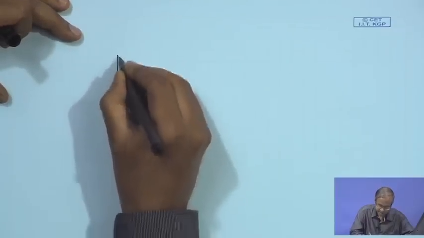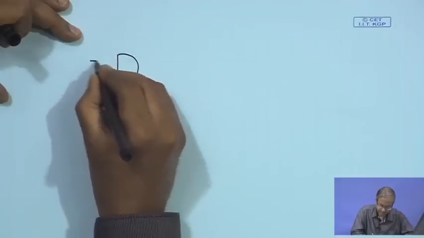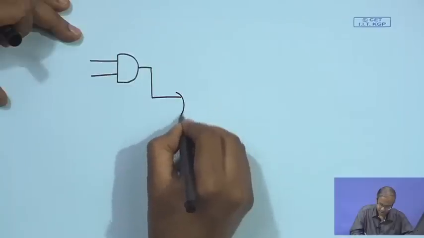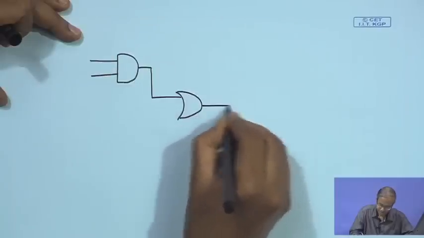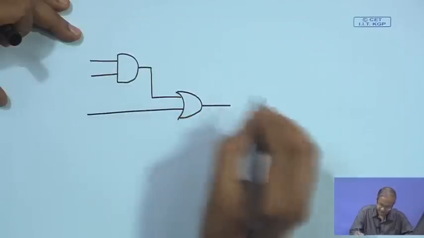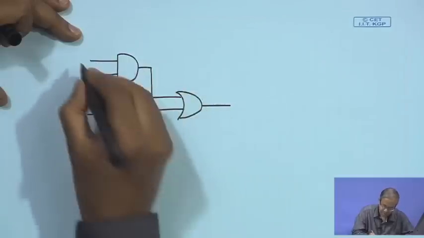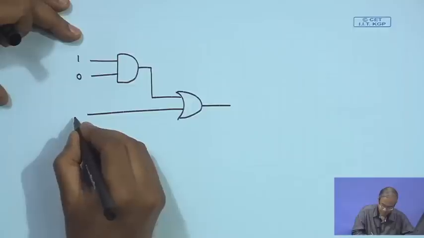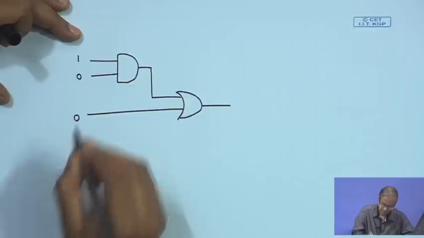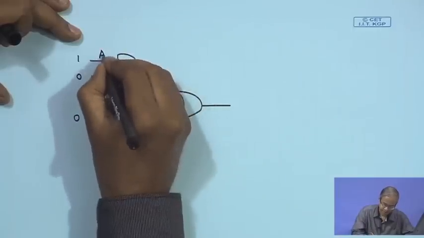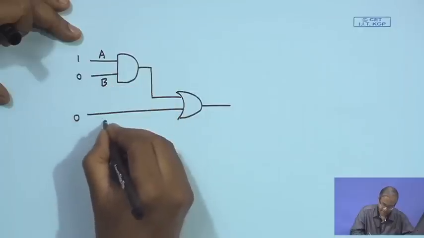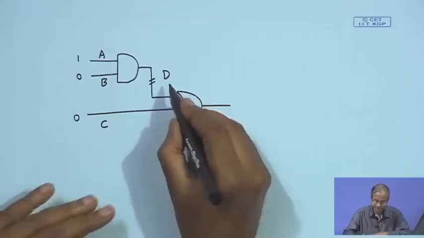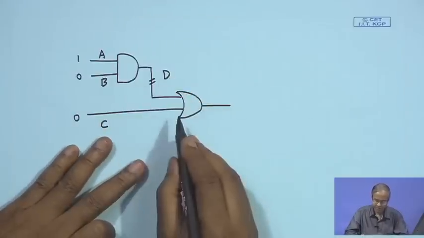Let us say I have an AND gate followed by an OR gate. Suppose we are carrying out simulation with a particular input vector, let us say 1, 0 and 0. Let us say the inputs are A, B and C. This is D. So, we are interested in line D. I shall be showing a complete example later.